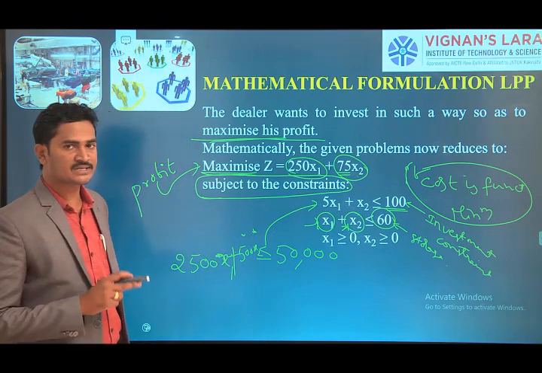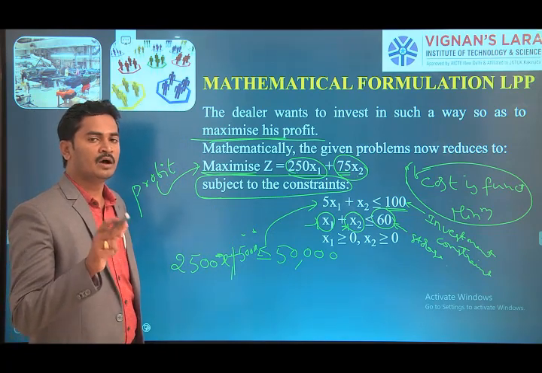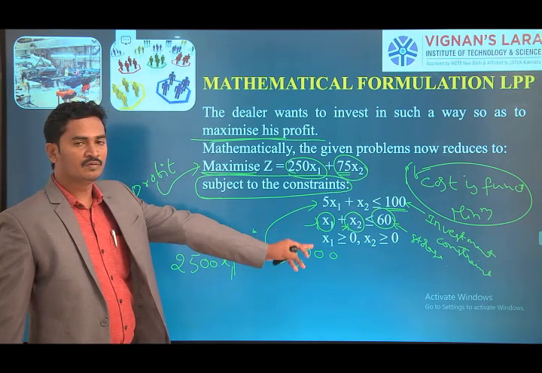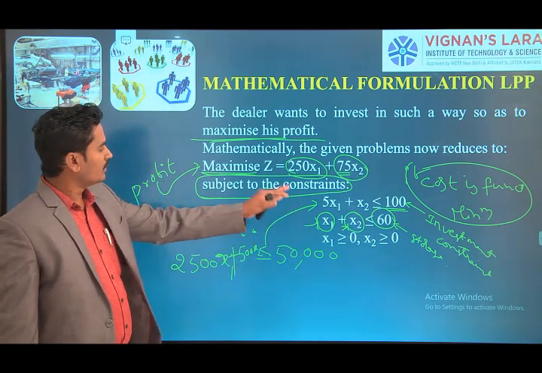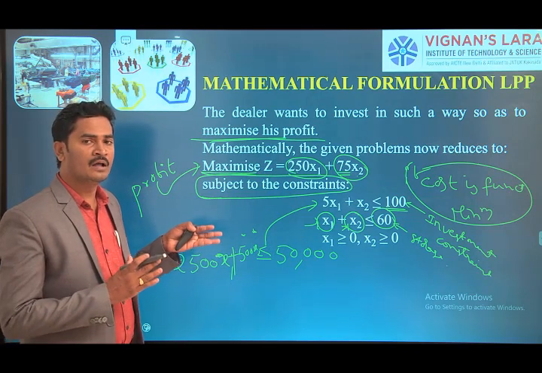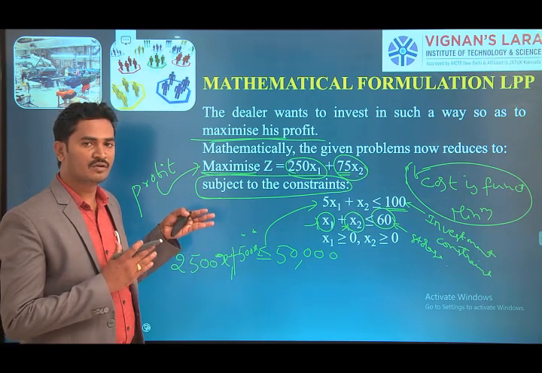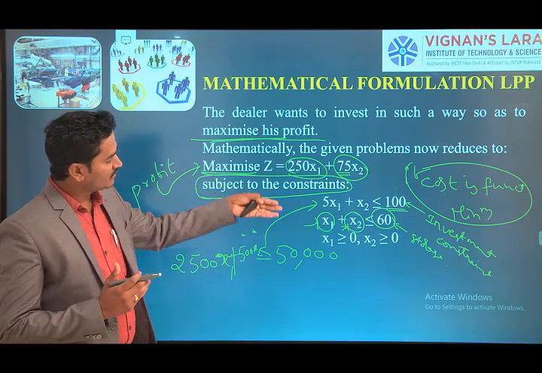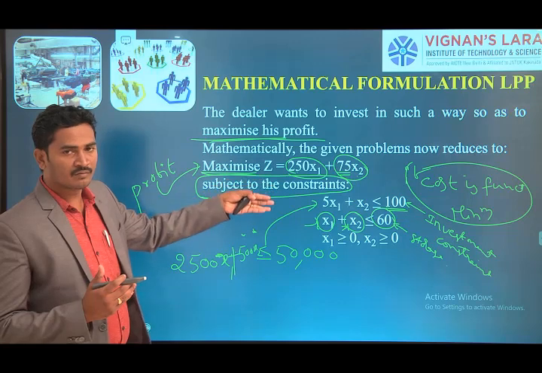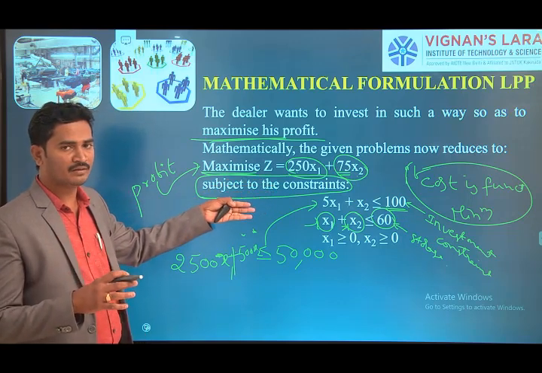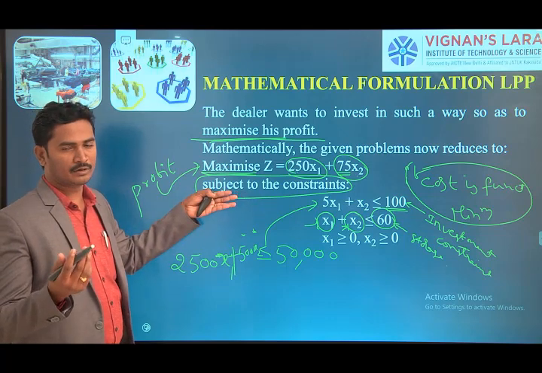What is the objective function? Profit after selling. How much profit, that is maximized. From this we can get the total number of chairs he is going to sell, the total number of tables he is going to sell, and how much he earns after selling. We get this from these equations. We solve these with the help of linear programming models.